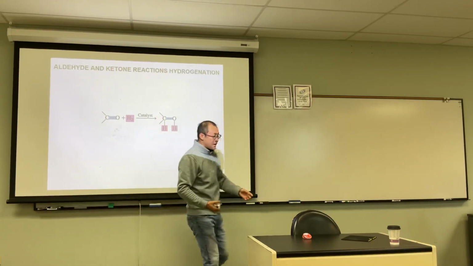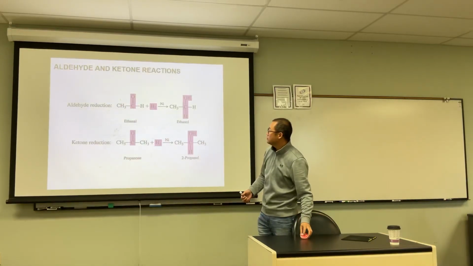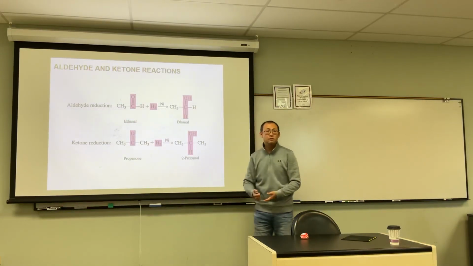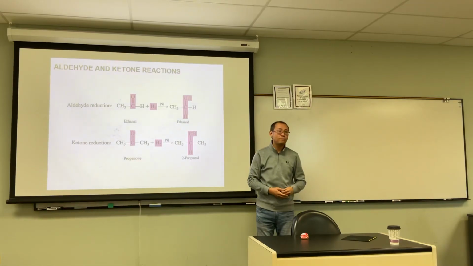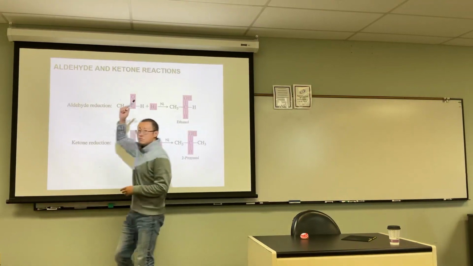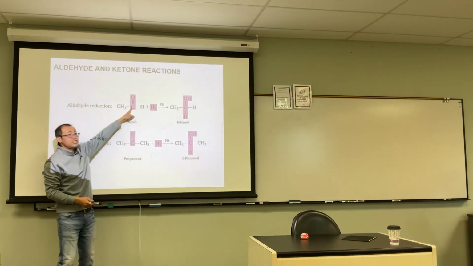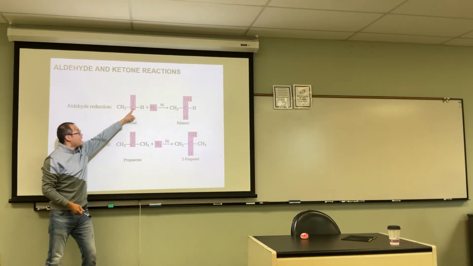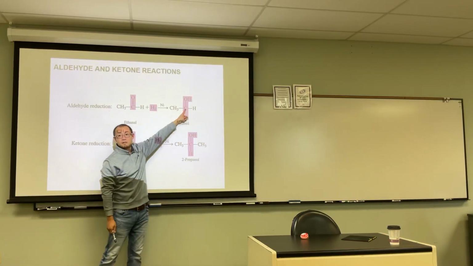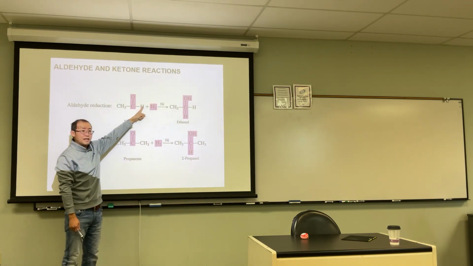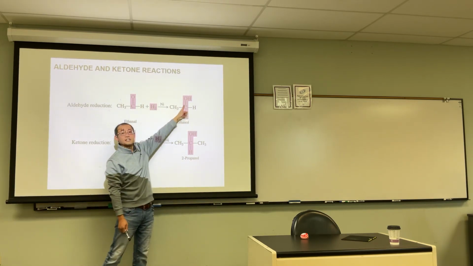Now, depends on what type of carbonyl compound you start with, you end up with different types of alcohol. For example, if you start with an aldehyde, which has a hydrogen on the carbon, if you add another hydrogen, you end up with a what? A primary alcohol. Right? You start with one carbon with a hydrogen, you add another hydrogen, this is CH2.